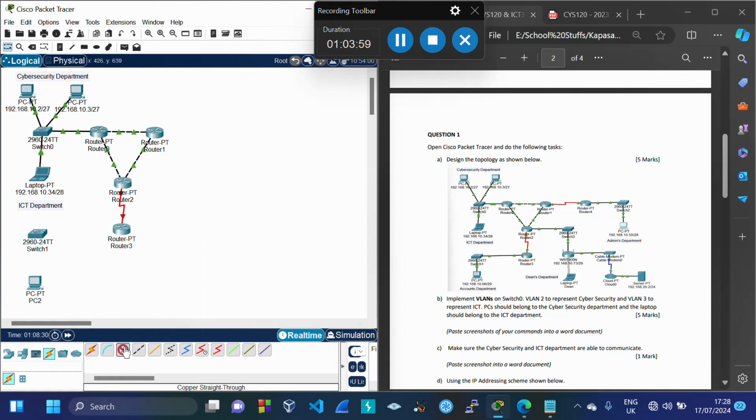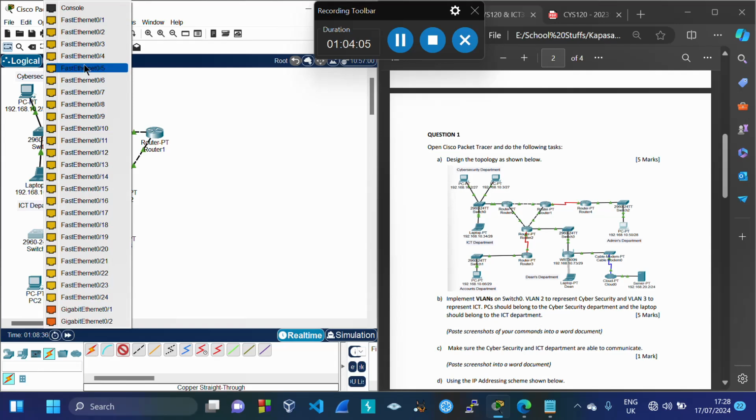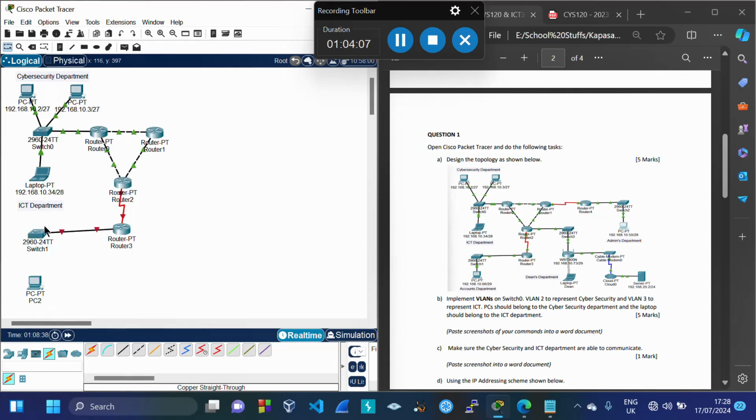Then I'll use FA 1/0 and 0/1 to make them unique for these two. Then here I'll use the second port from the switch to connect to this device. Now because we don't need VLANs on this switch, I can simply get the default gateway for this PC and insert it on this interface.